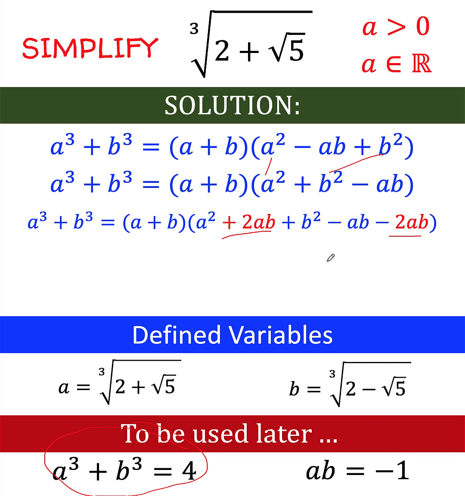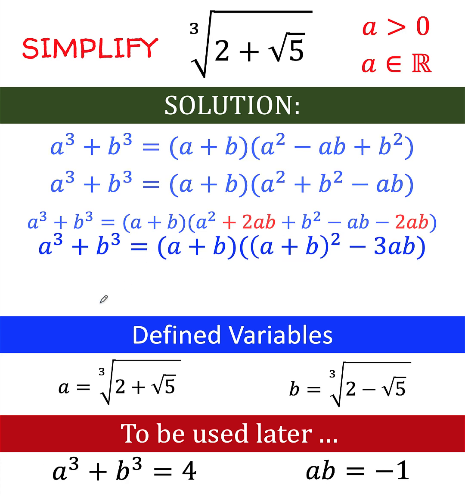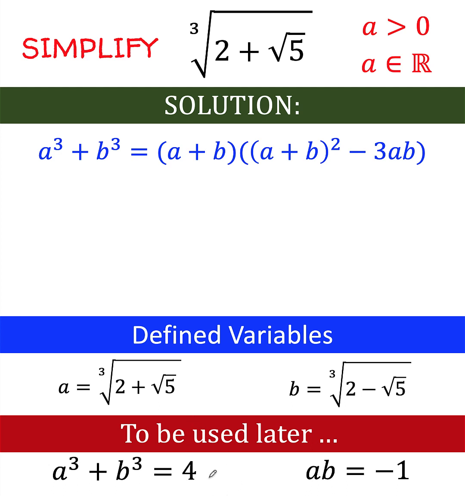But we need to do this so that we can come up with a form where we can substitute our preliminary results here. So simplifying this, we know that this part here is equal to the square of the binomial a plus b. Then minus ab minus 2ab is equal to minus 3ab. All the rest are just copied. Next, we now substitute 4 for a cube plus b cube, and we substitute negative 1 for ab.